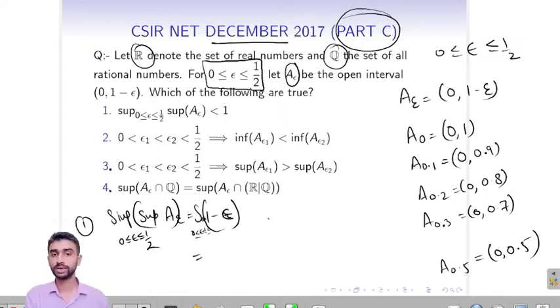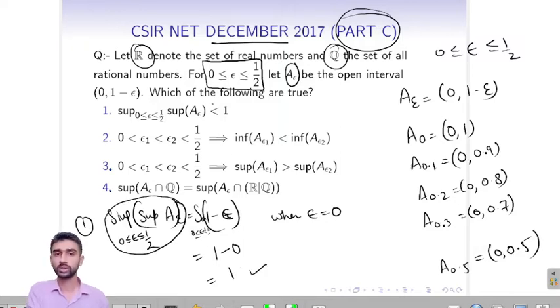It will give me the maximum answer when epsilon equals 0. At epsilon equals 0, this 1 minus epsilon will give me the highest value. And what will be the value? It will be 1 minus 0, that is 1. So the answer of this thing is equal to 1. But in option 1, he is saying that it is less than 1. So option 1 is incorrect.